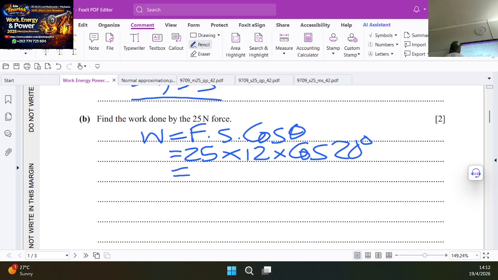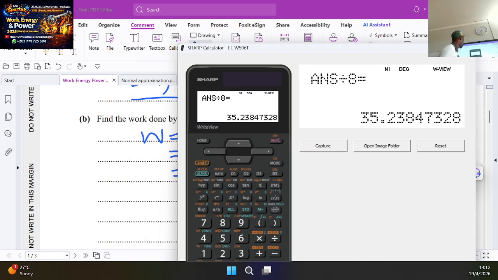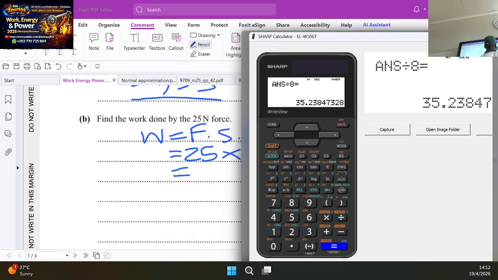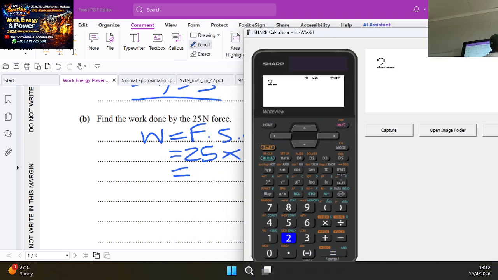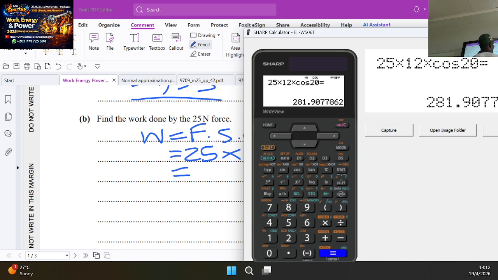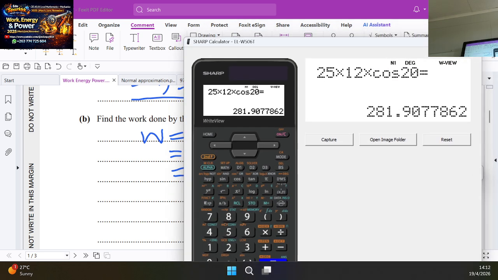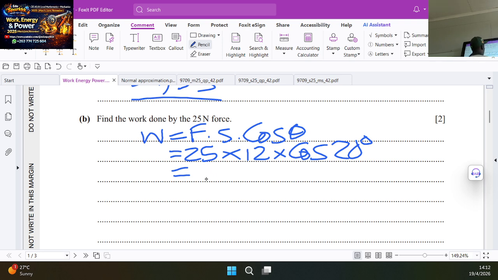So let me bring my calculator and compute the solution. Okay, so here we have 25 multiplied by 12 multiplied by cosine of 20, and this will give us 289.91, and these are joules.